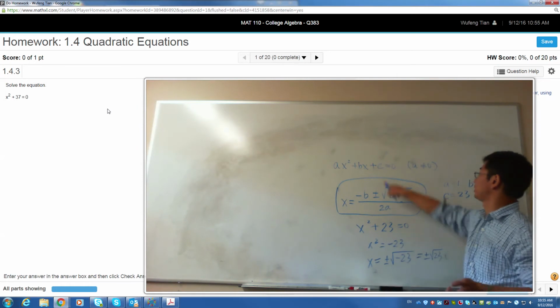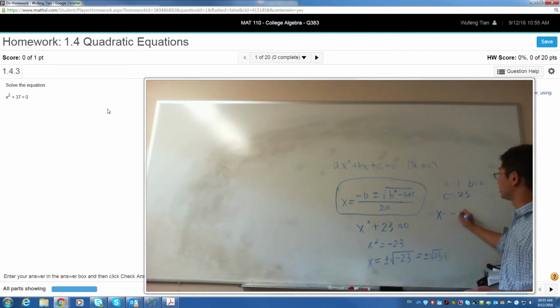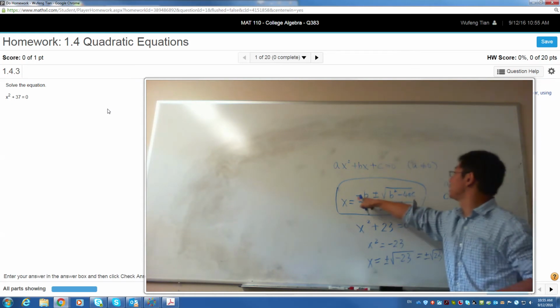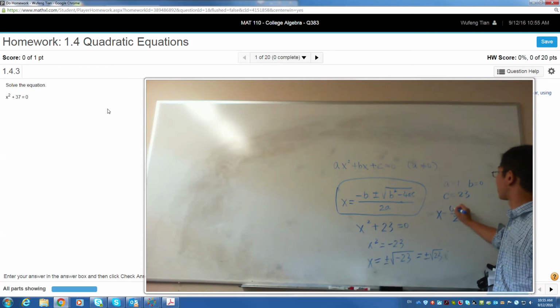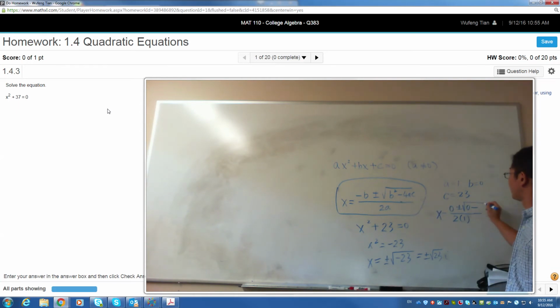And then plug into the formula: x equals, over 2 times a, so 2 times 1. And negative b, so b is 0, so it's just 0. Plus or minus square root of b squared, so 0 squared, so 0, minus 4 times a times c. A is 1, so 4 times 1, times c, which is 23.